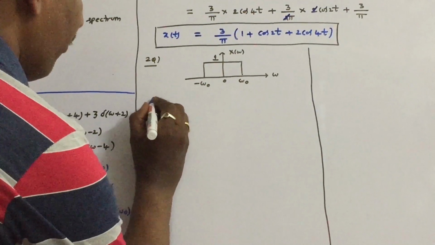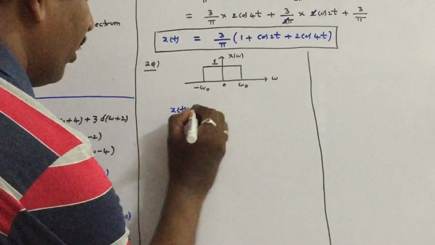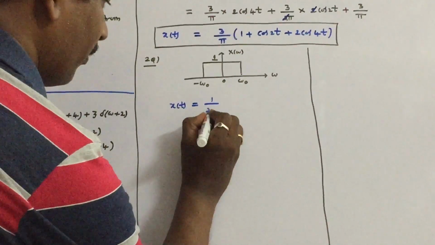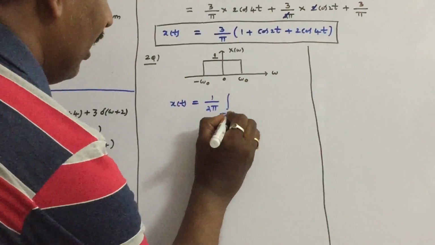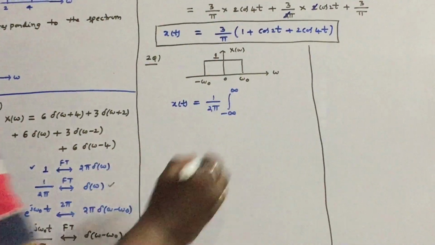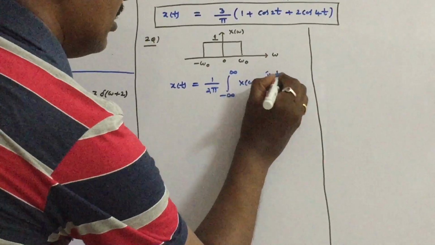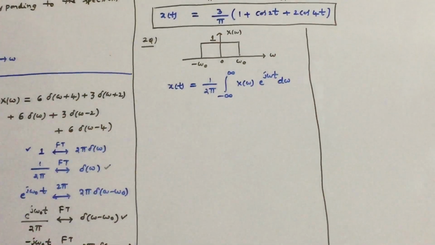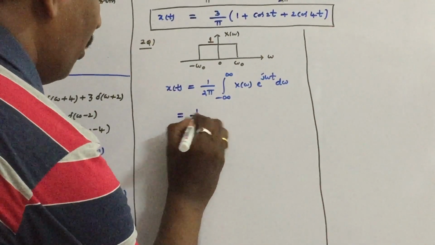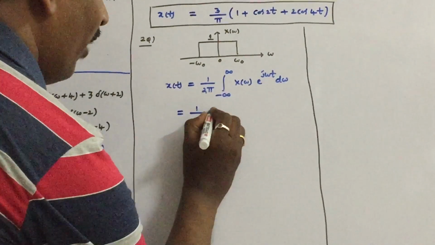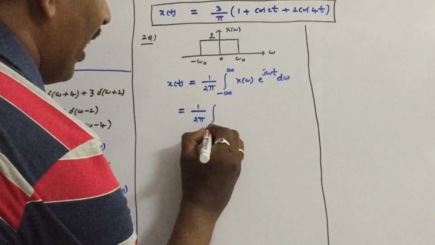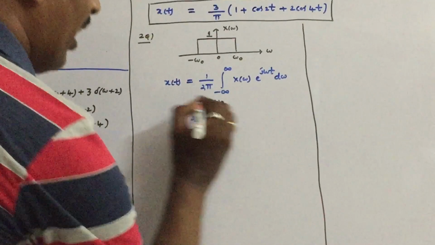Therefore, the inverse Fourier transform, that is x of t, is equal to 1 by 2 pi integral from minus infinity to infinity of x of omega into e power j omega t d omega. So 1 by 2 pi, where x of omega extends from minus omega 0 to omega 0.